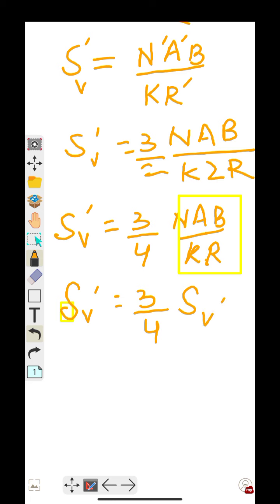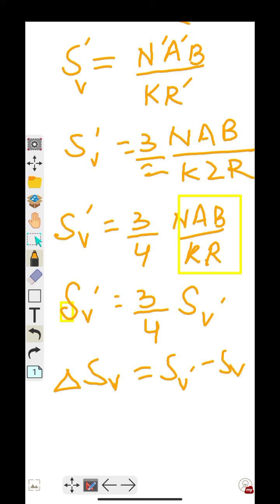Now if you want to find the change, the change will be equal to the final value minus the initial value. So I'll write the change in voltage sensitivity as delta SV, that will be equal to SV dash minus SV.